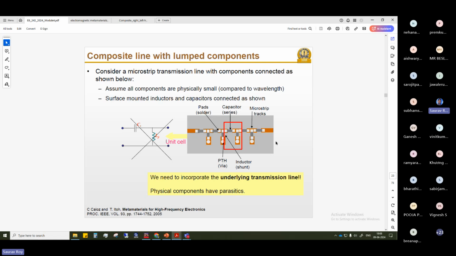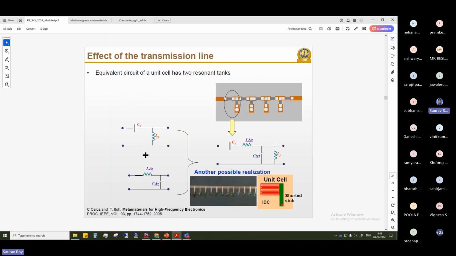When that happens, that means a composite right- and left-handed transmission line. That is the main reason behind calling it CRLH. Now coming back, see how this can actually be designed.